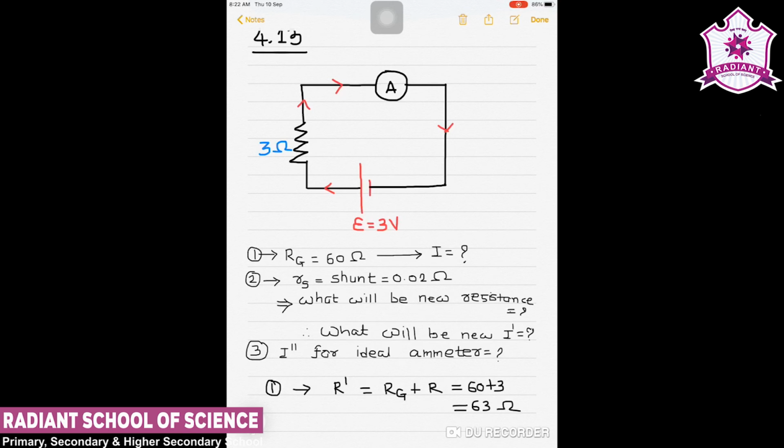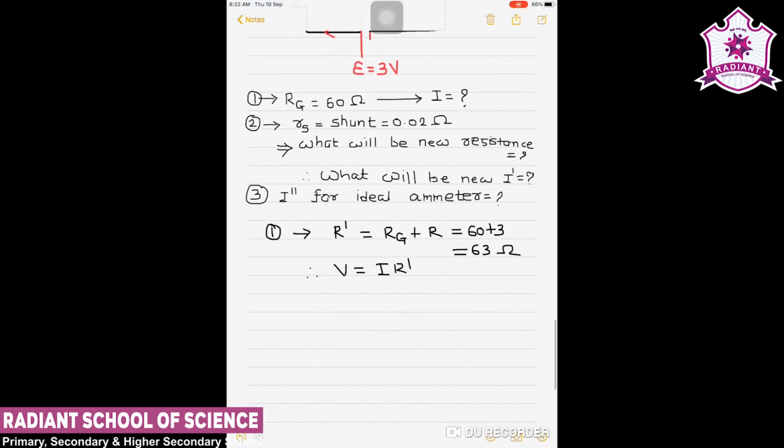Now voltage is given as 3 volt, so V equals I R dash, and I equals V upon R dash, that is 3 divided by 63. So it gives us a value of about 0.048 ampere.